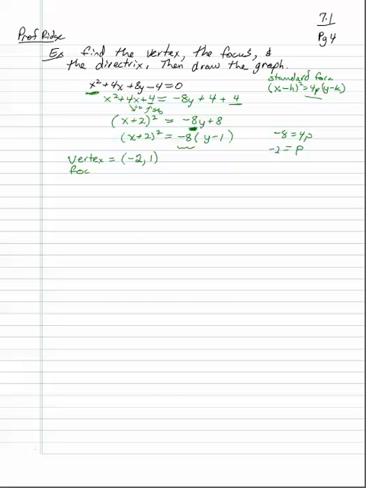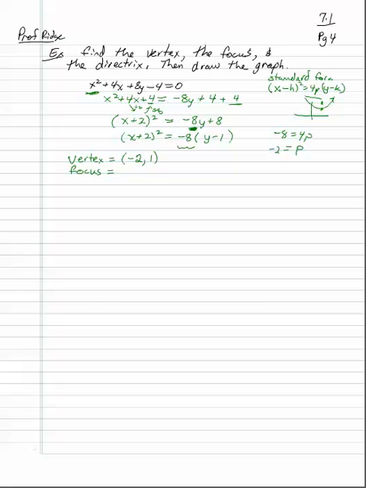The focus is going to be, now this is opening up and down, so which way would the focus be? If it's opening up and down, for the focus you're going to add to the y coordinate, to k.